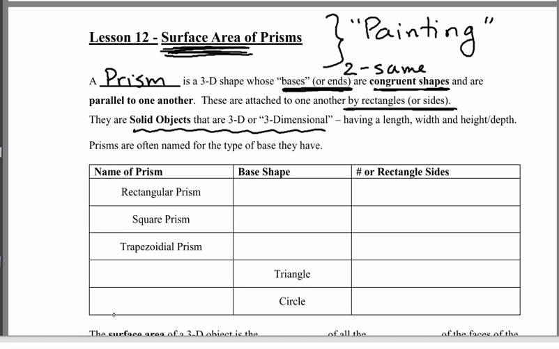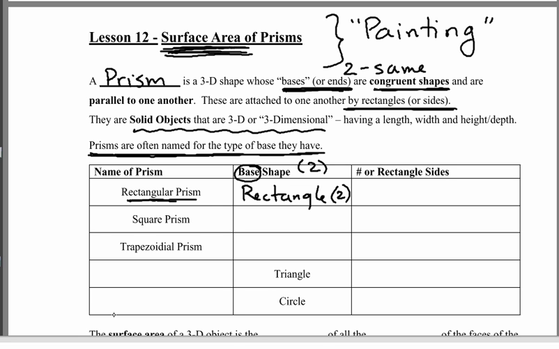It's important you understand that prisms are named for the type of base they have. If you have a rectangular prism, the fact that it's rectangular tells us the base shape is a rectangle, and you will have two of those, because with bases, we always have two that are exactly the same. And then we have rectangular sides.